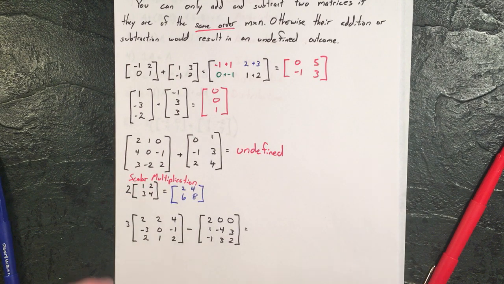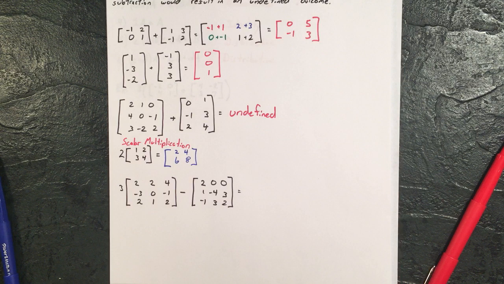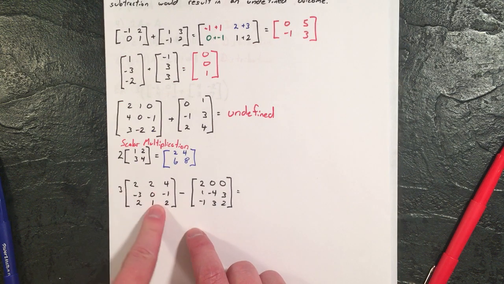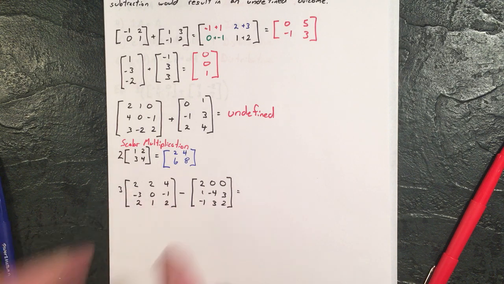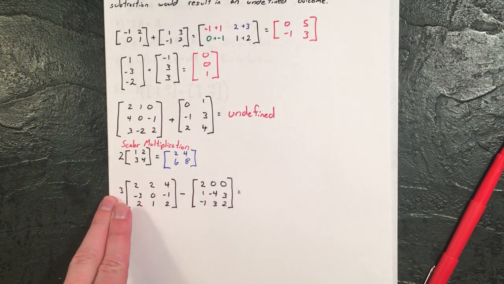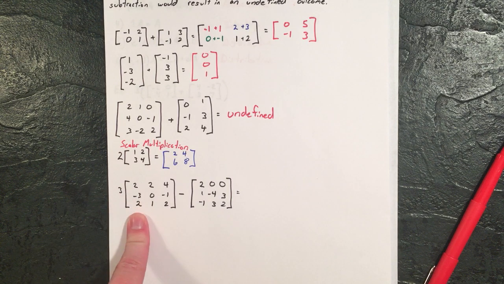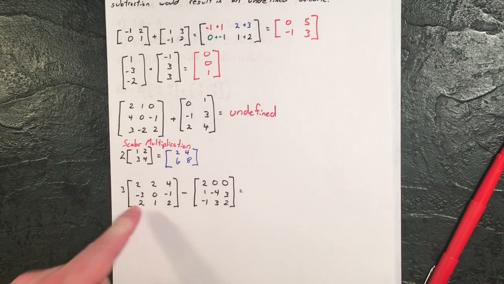Okay, we can now start getting into some almost equation-looking parts of matrices. So we have 3 times this first matrix minus this second matrix. And just like our PEMDAS rules that we followed before, the same thing applies here. We can't do the subtraction and then multiply that 3. We do have to multiply by this 3 initially.